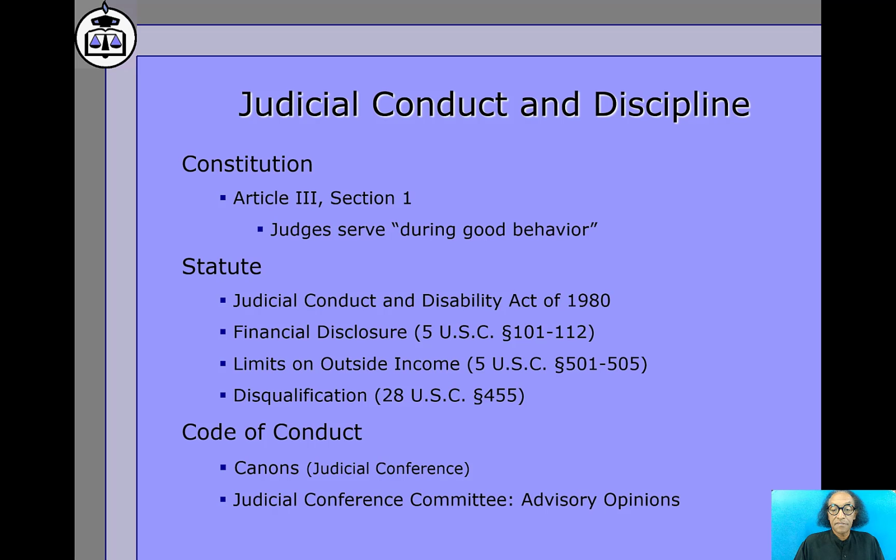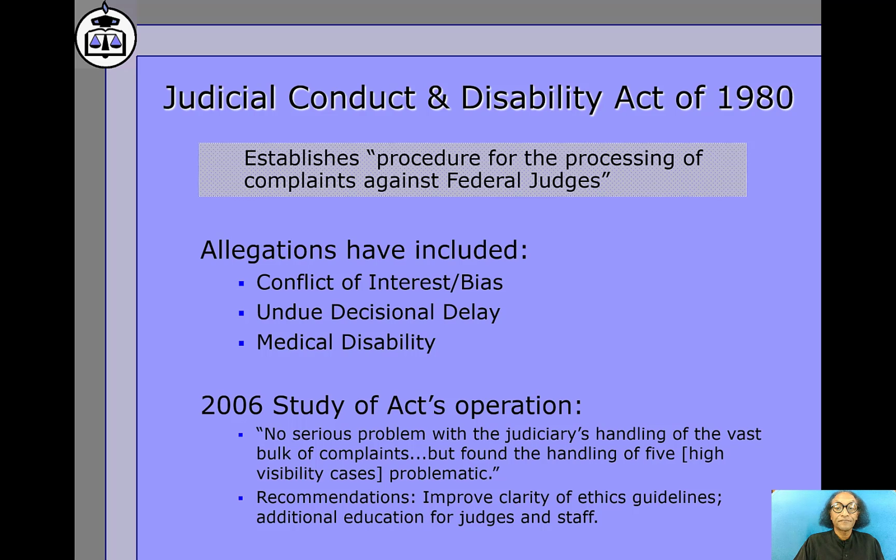So all of these kinds of actions are codified, and there is also a code of conduct that judges must conform to, called the judicial canons, created by the Judicial Conference, and these are the do's and don'ts for judges.